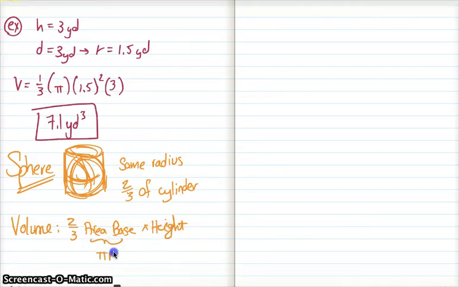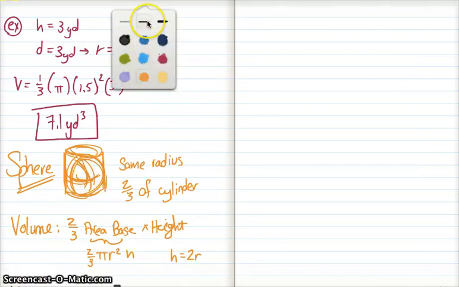Our base is pi r squared because it's a circle. We're given our height, and I know that it's 2/3 this amount. And the other interesting point to make is that the height h is actually equal to 2r, okay, 2 of the radius, because that's the diameter, okay, the diameter here.